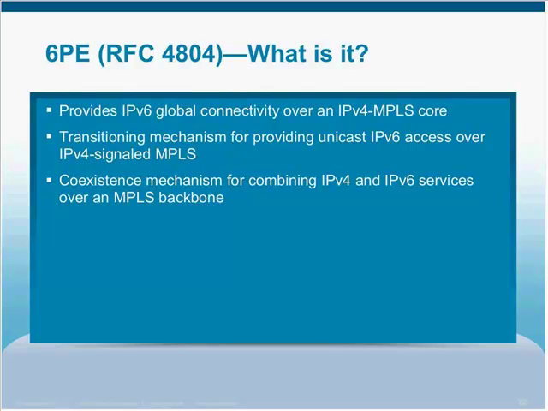It is a way to provide global IPv6 connectivity over an IPv4 MPLS infrastructure. It's a transition mechanism, just to ease the transition from IPv4 to IPv6. It is also a coexistence mechanism for both IPv4 and IPv6 services over MPLS.